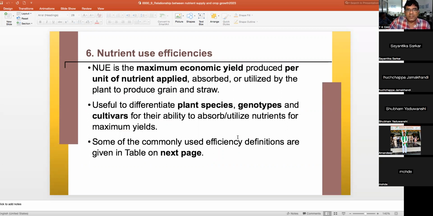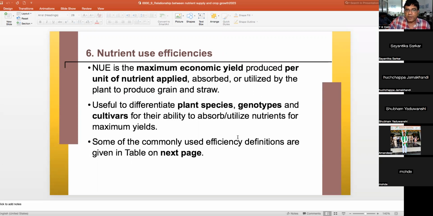Nutrient use efficiency is the maximum economic yield produced per unit of nutrient applied, absorbed or utilized. There are a number of ways to define nutrient use efficiencies based upon the quantity of nutrient applied, absorbed or utilized by the plant to produce grain and straw. A number of indices are available. I will discuss only a few.